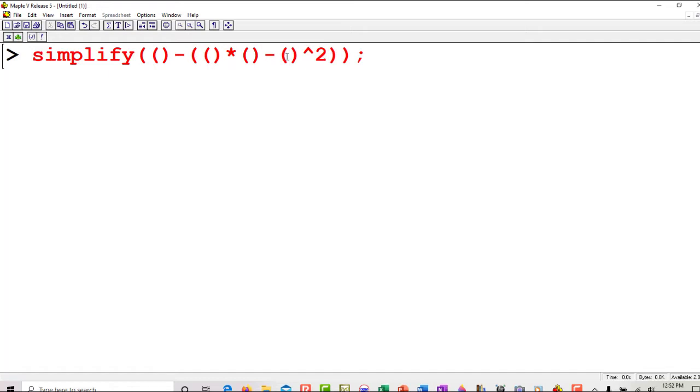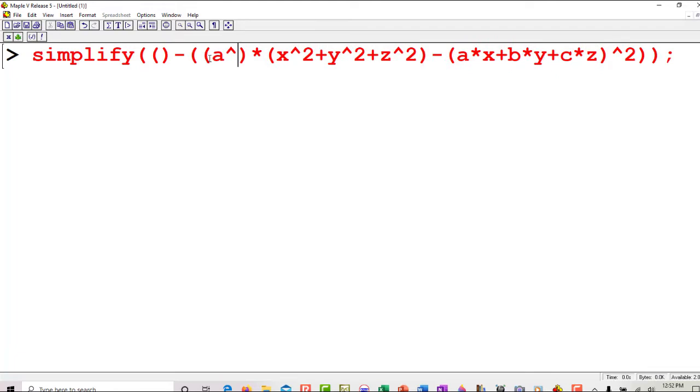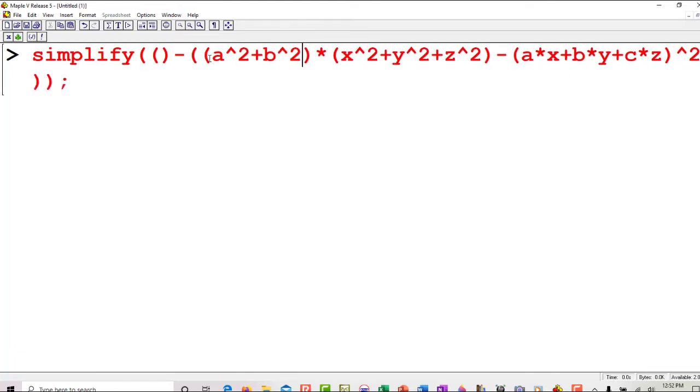The last quantity was a times x plus b times y plus c times z. We also had x squared plus y squared plus z squared. And we had a squared plus b squared plus c squared.